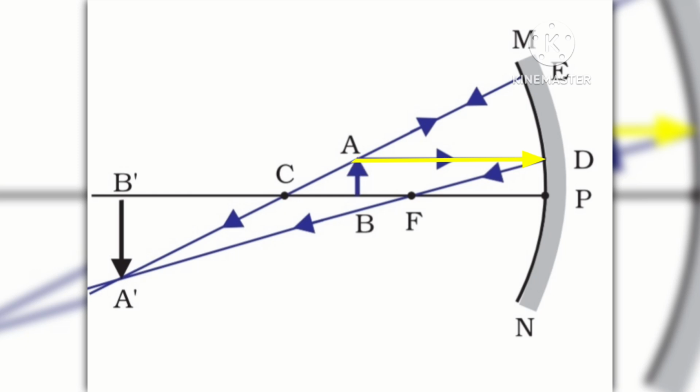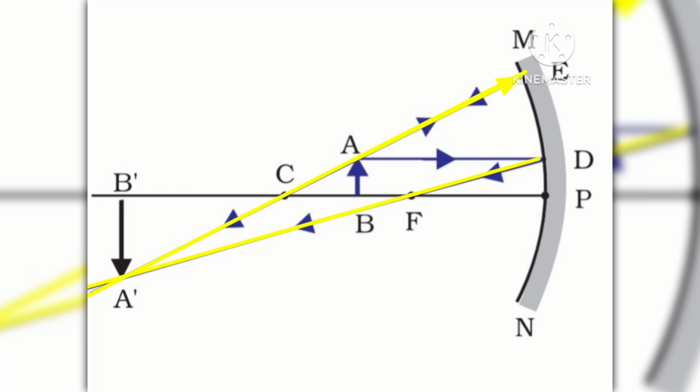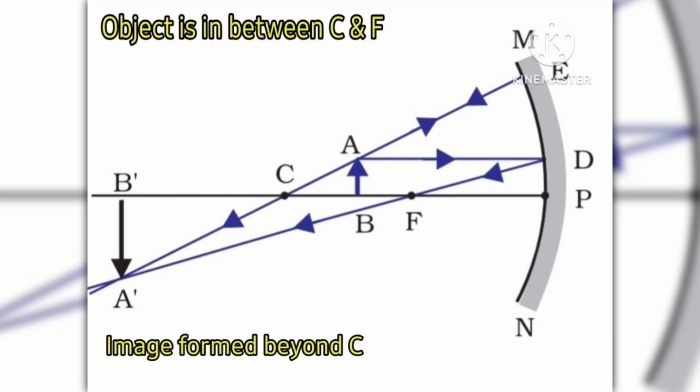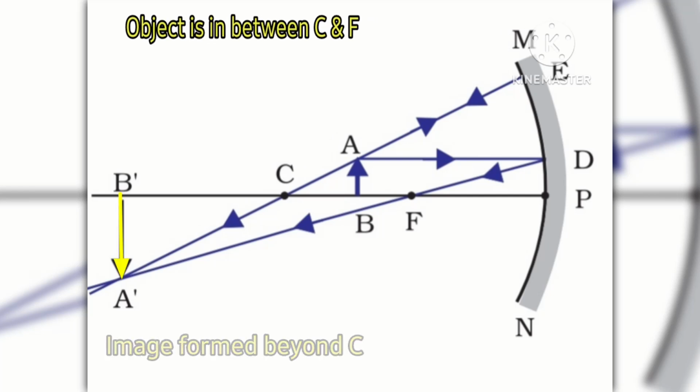We know after reflection it passes through focus. Second ray, which is passing through center of curvature, we know after reflection it comes back in the same path. These two reflected rays meet at a point A dash, where the image of A is formed. So object is in between C and F, image is formed beyond center of curvature C.